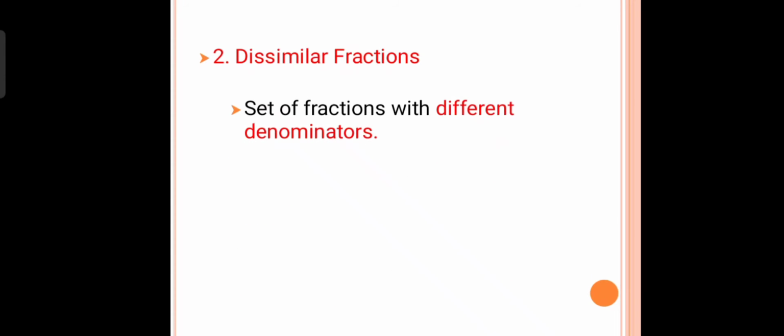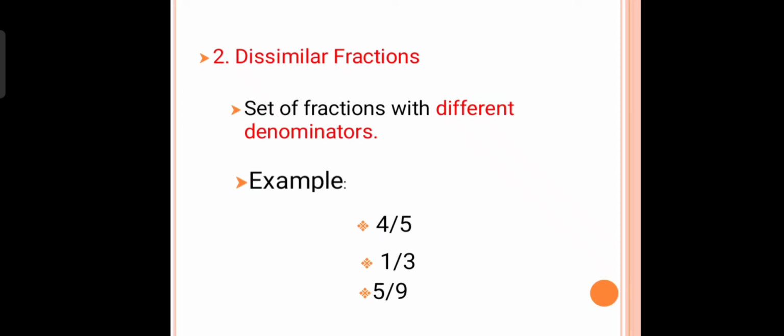Another set of fractions called dissimilar fractions. What are dissimilar fractions? It is a set of fractions with different denominators. So, the opposite of similar is dissimilar. Look at this example, 4/5, 1/3, and 5/9.